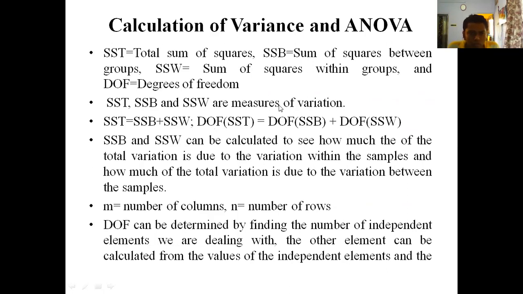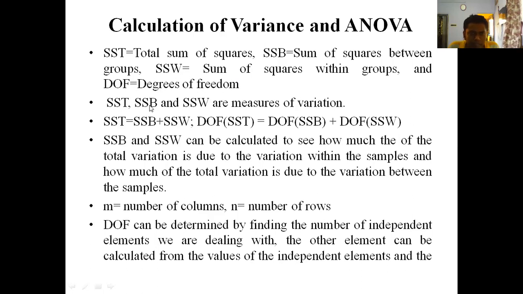Now we will use some terminologies when we describe the example. But before the illustration, just have a look at these terminologies and some concepts. SST means total sum of squares. SSB, sum of squares between groups. SSW means sum of squares within groups. And DOF means degrees of freedom.